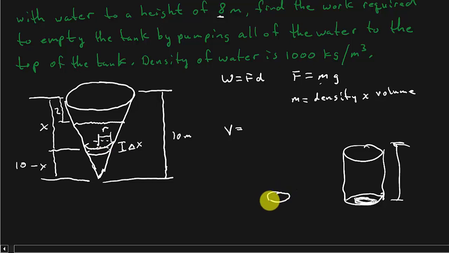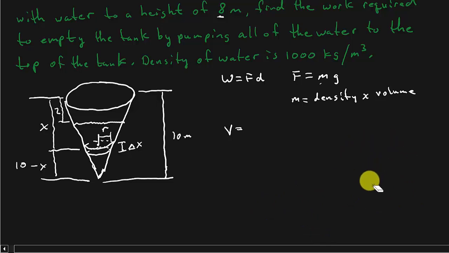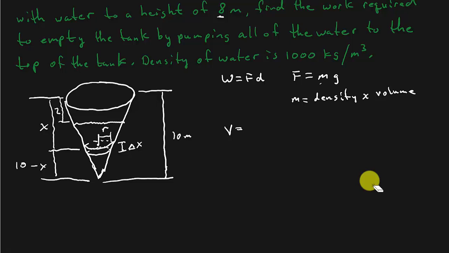It's just not as tall. So I need to figure it out. What's the area of the base? Well, it's pi r squared, right? Pi r squared, and then times the height.